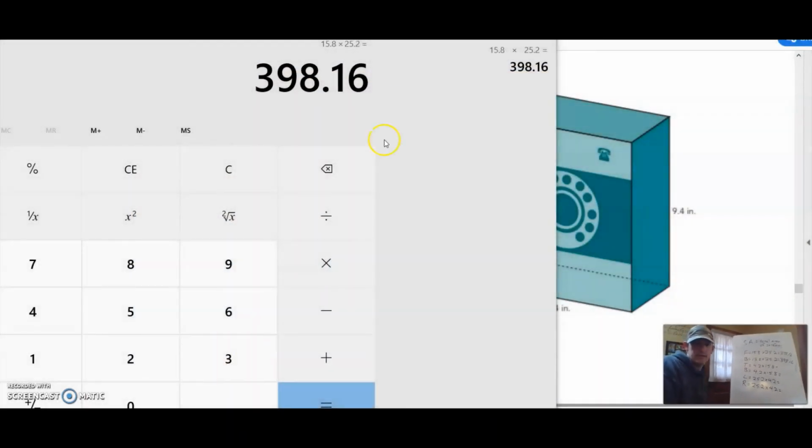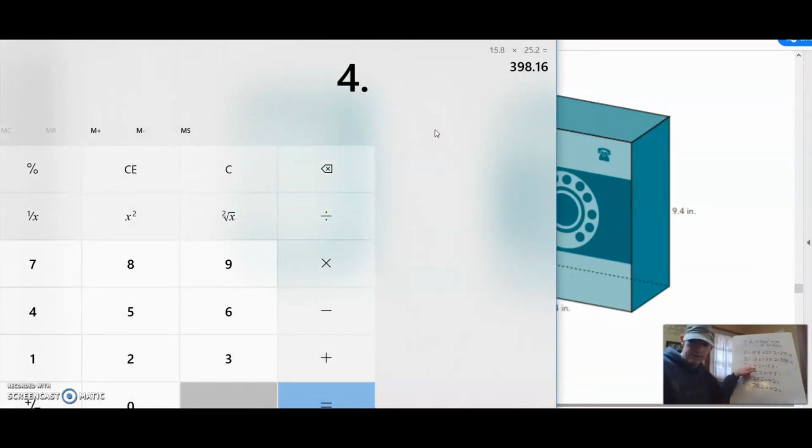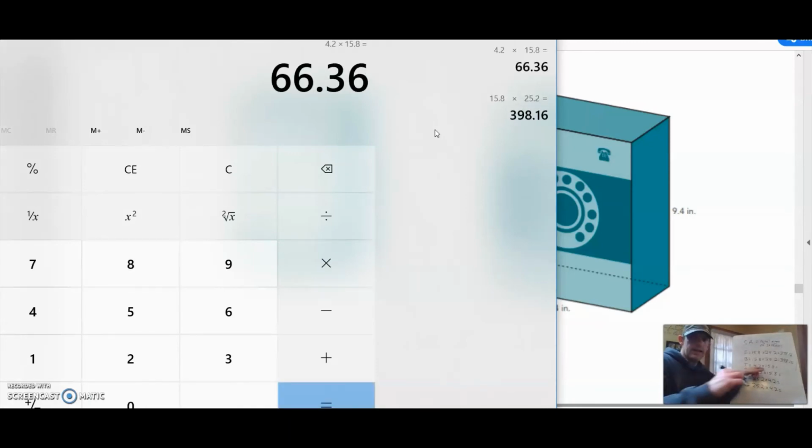And then I'm going to do the top and the bottom. 4.2 times 15.8 is 66.36.